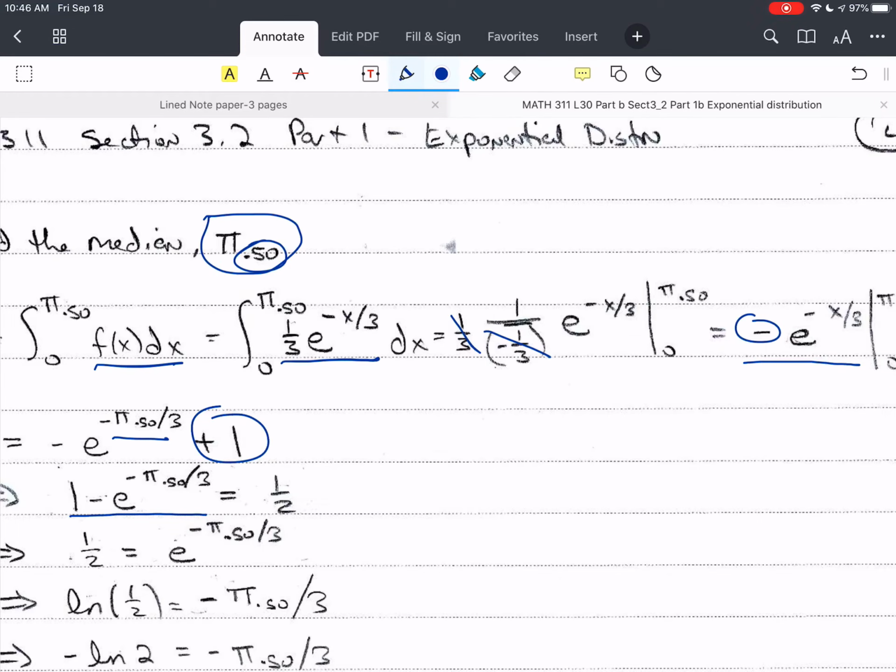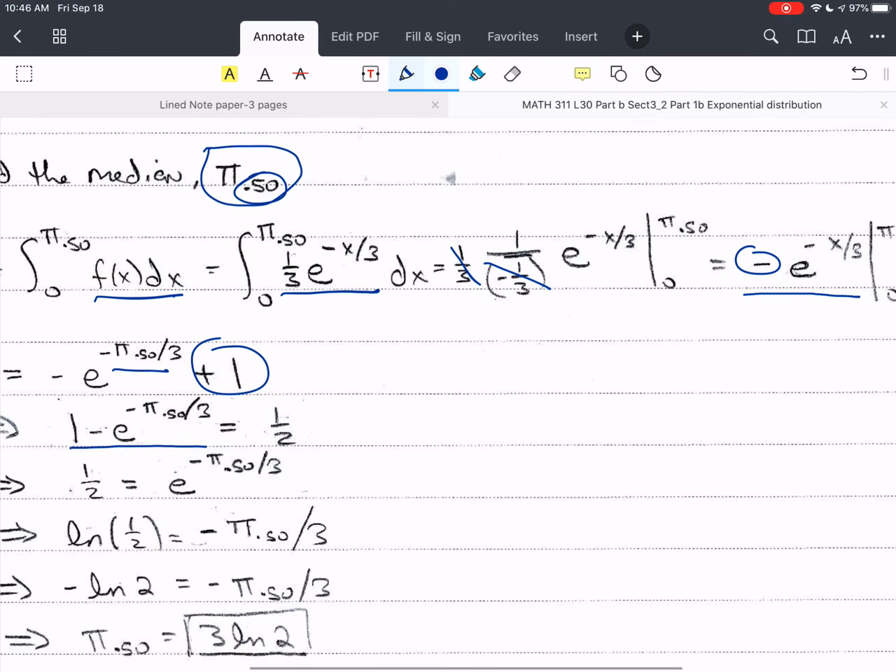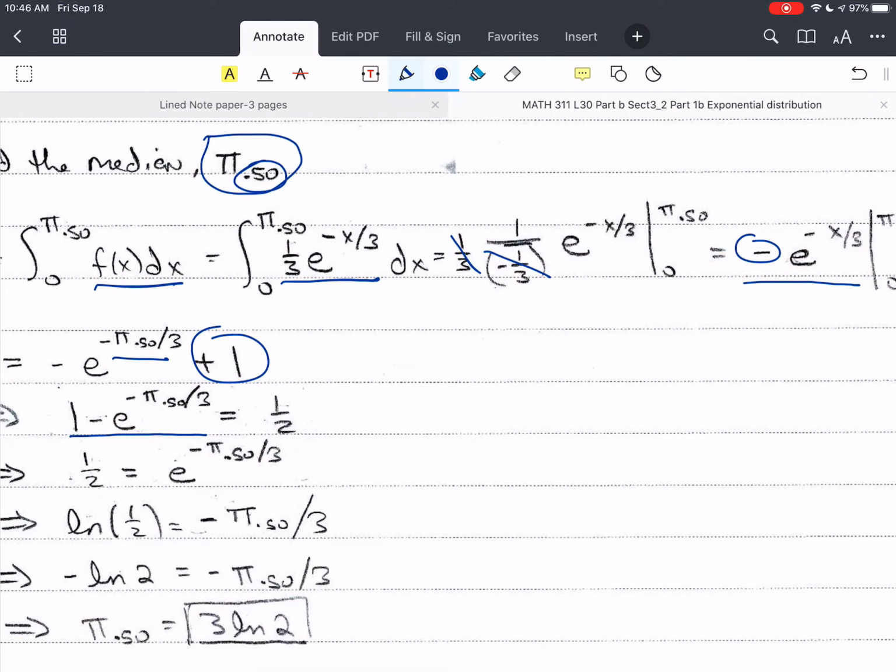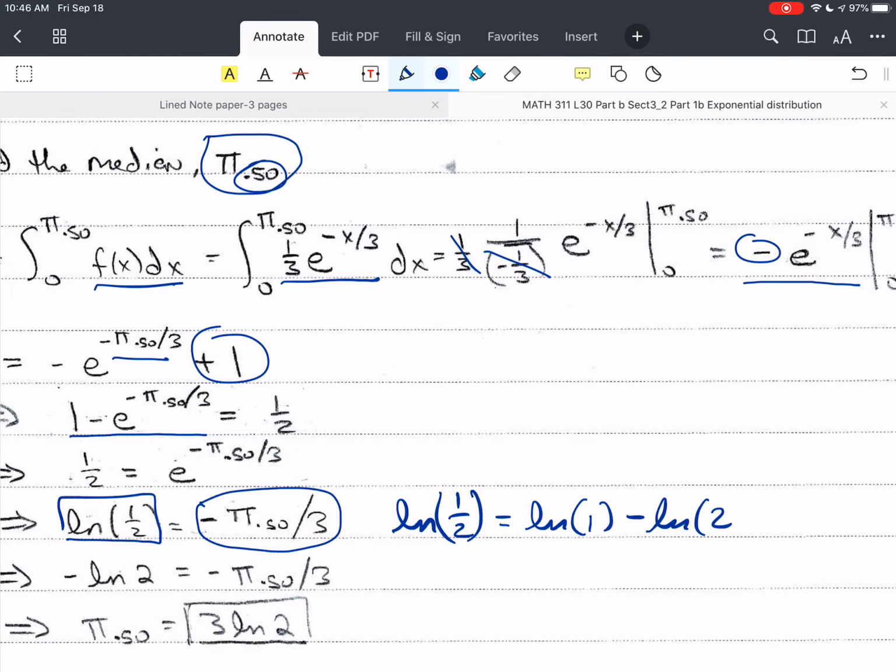And that's equal to 1/2. You could leave it as 0.5. You're going to see where this might be handy to leave as a half, because I'm going to take the natural log of both sides, and when I do, I'm left with the exponent on this side, and ln of 1/2. If you remember your properties of logs, ln of 1/2, a fraction, is equal to ln of 1 minus ln of 2.